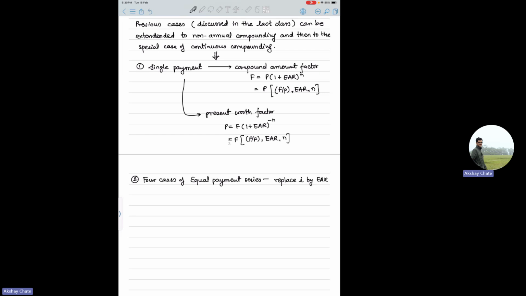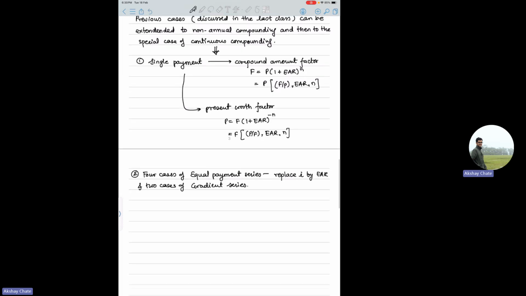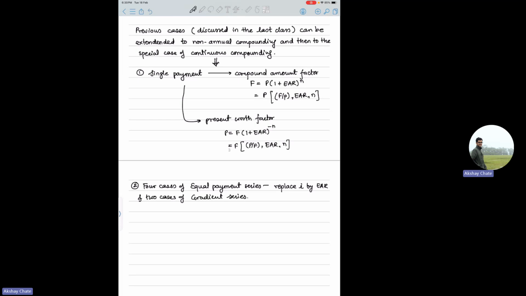Not only for the equal payment series, even for the gradient series, in those cases also you have to replace I by EAR. Four cases of equal payment series and two cases of gradient series. So this applies to the previous class things.